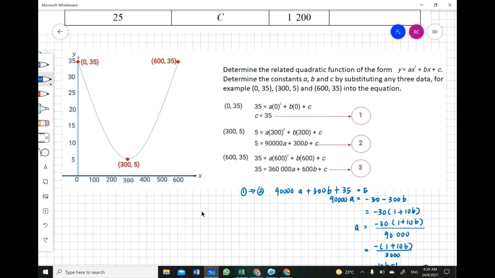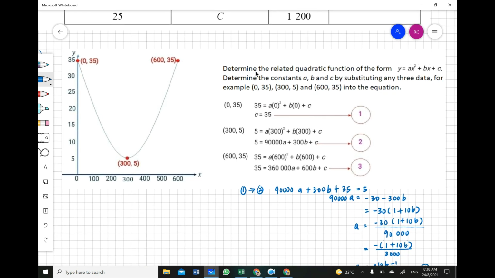Yes. From here, we are going to determine the related quadratic function of the form y equals ax squared plus bx plus c. This is the one that you learned in the first chapter of Form 4. We are going to determine the constants a, b, and c by substituting the coordinates given: 0, 35, 305, and 635.